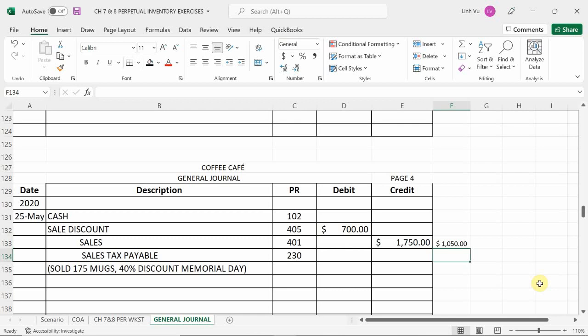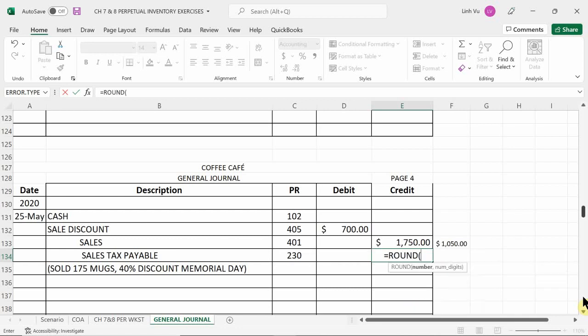Because I discounted the mugs by 40%, which was $700 off. So in this case, right, that means I need to charge the tax based off of the $1,050, right? The $1,750 minus the $700 gives me $1,050. That's the amount that I needed to charge the tax on. Okay?